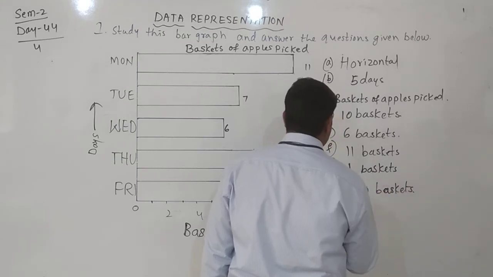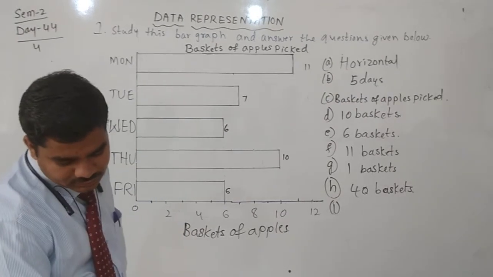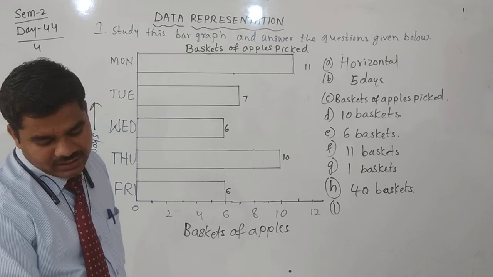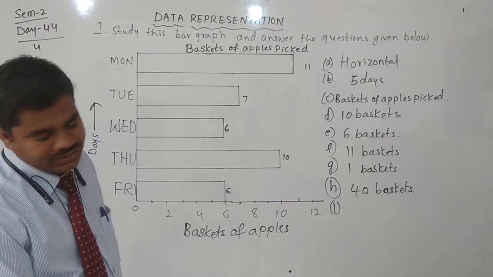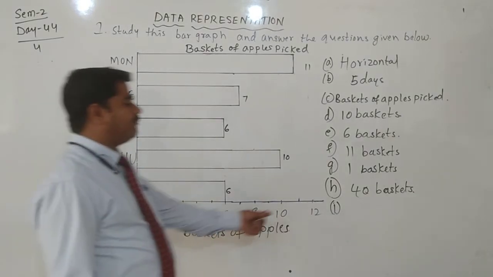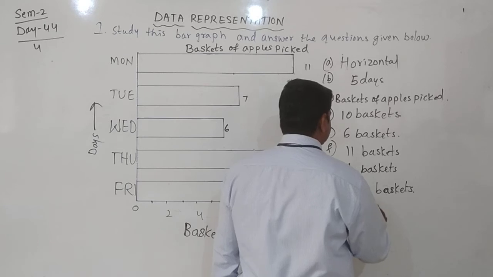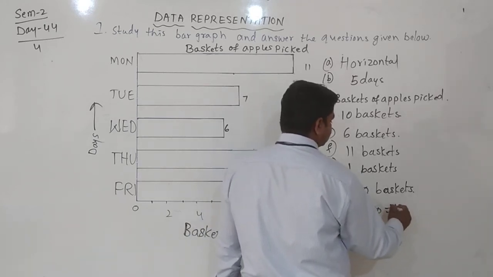Next, I question, very simple. If the cost of one basket of apples is 300, what is the total cost of baskets shown in the graph? One basket cost is 300, then 40 baskets cost, you can write 40 into 300. 4 threes are 12.